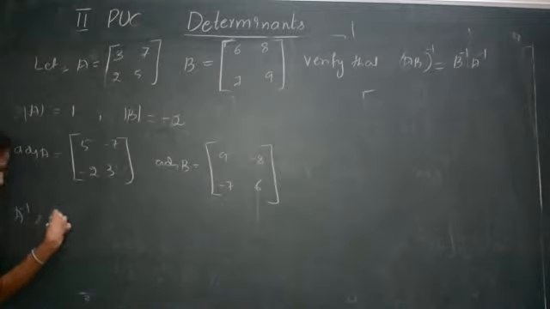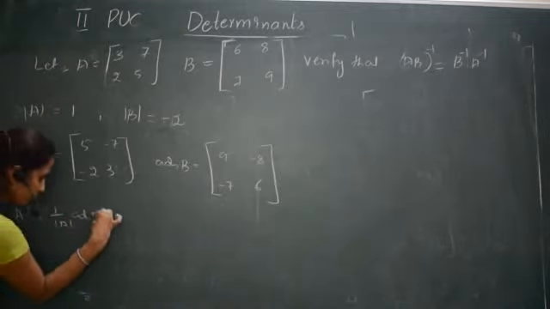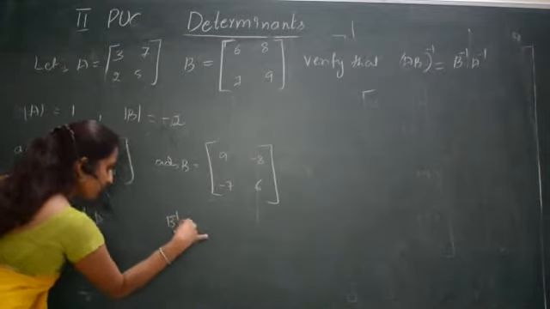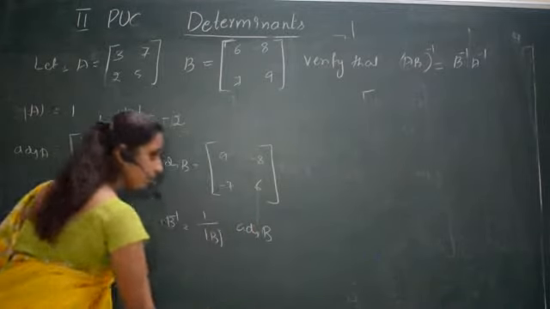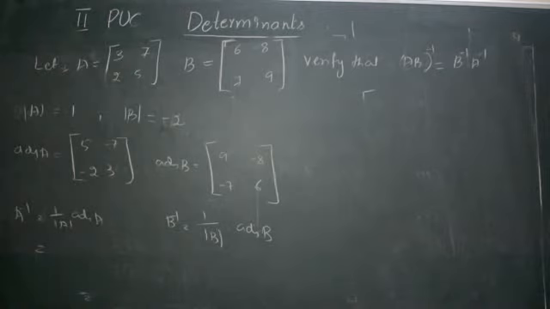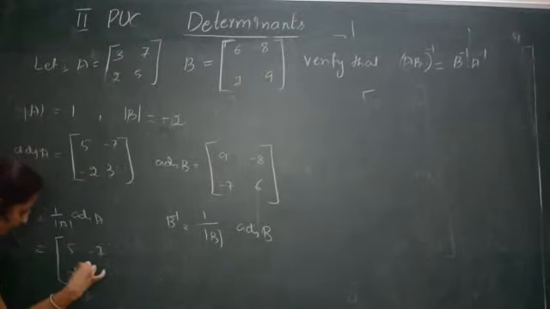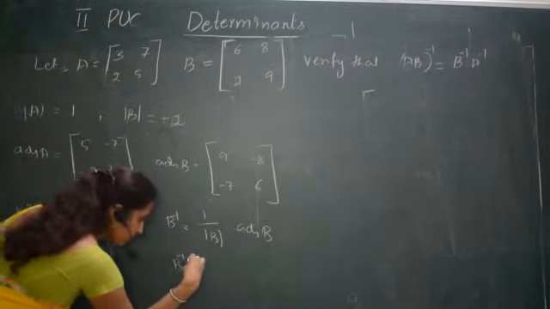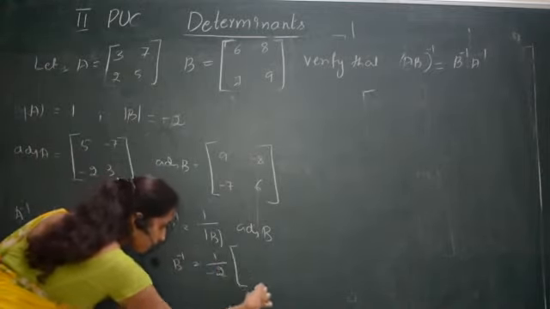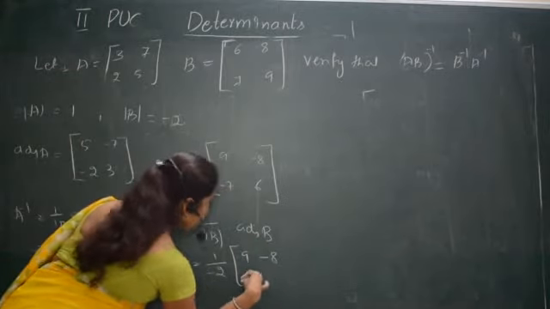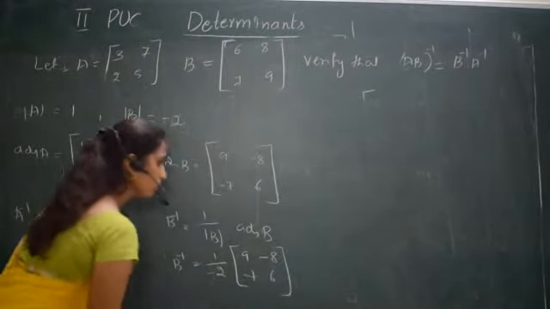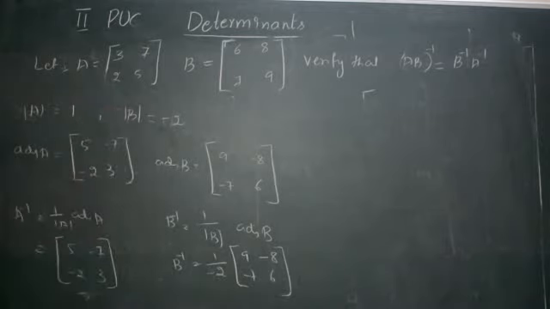A inverse is equal to 1 by determinant of A into adjoint of A. B inverse is equal to 1 by determinant of B into adjoint of B. So the determinant value is 1, so A inverse is directly 5, minus 7, minus 2, 3, and B inverse is 1 by minus 2 into the adjoint of B. Don't simplify, because otherwise it will be difficult to multiply.